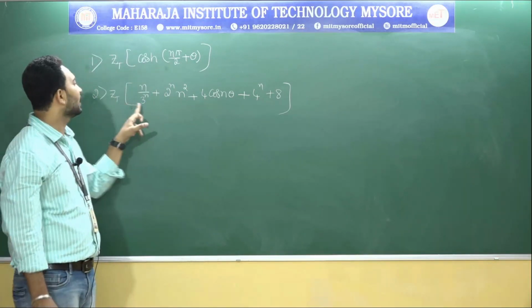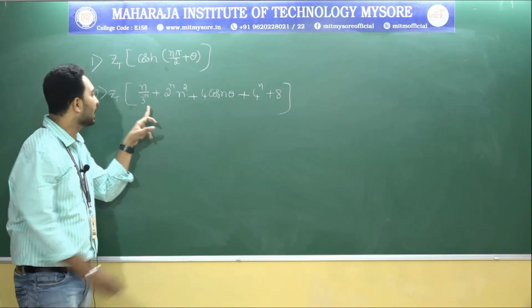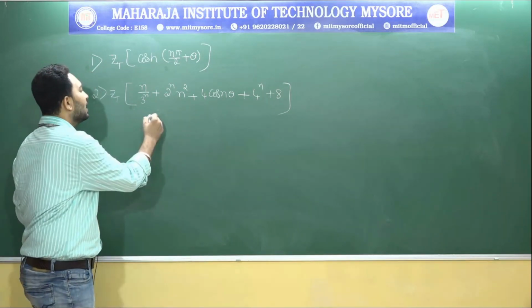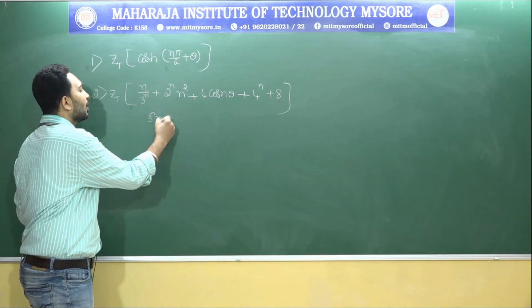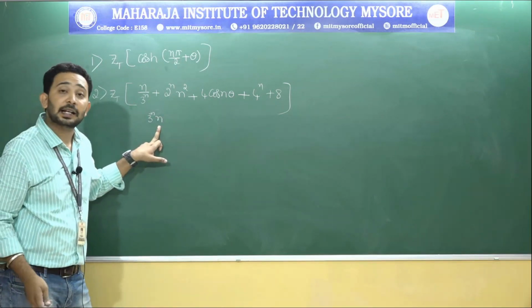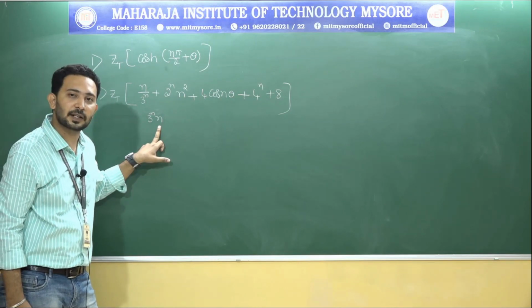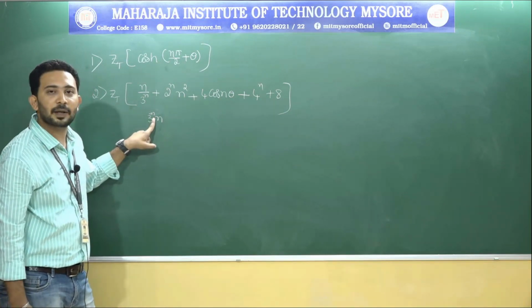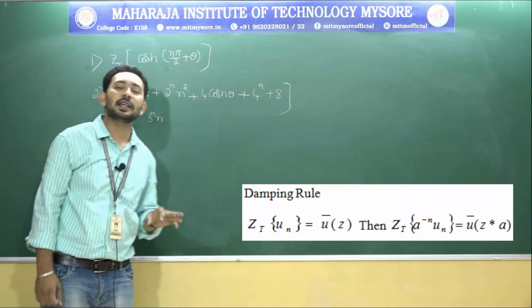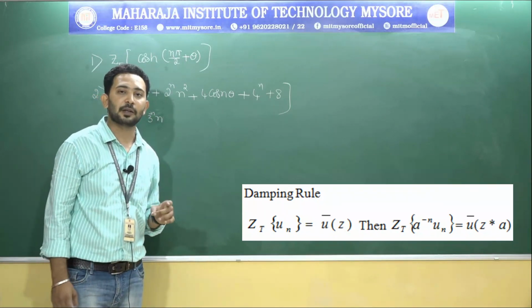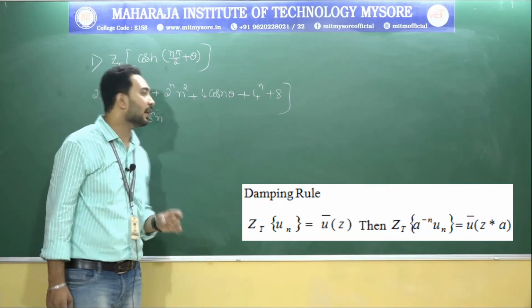Similarly, for the second one, it is n divided by 3 power n. Take this 3 power n to the numerator, it is 3 power minus n into n. Apply the damping rule. The z transformation of n is z divided by z minus 1 whole square. 3 power minus n means replace z by 3 into z. Damping rule, z replaced by z into a.